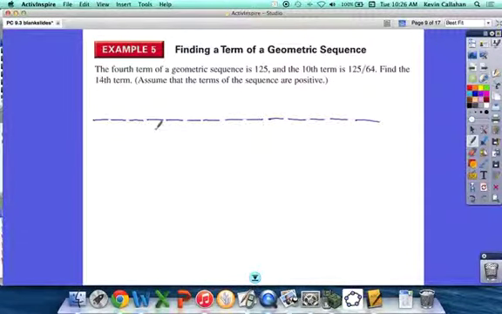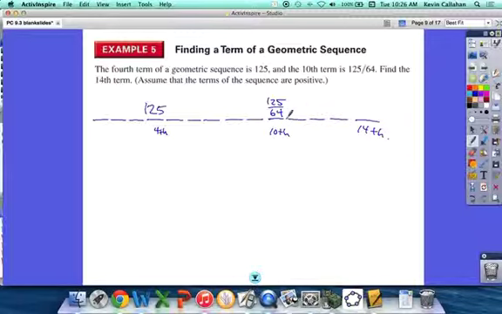So we have the fourth, we have the 10th, and we want to know the 14th. 125 and 125 over 64.